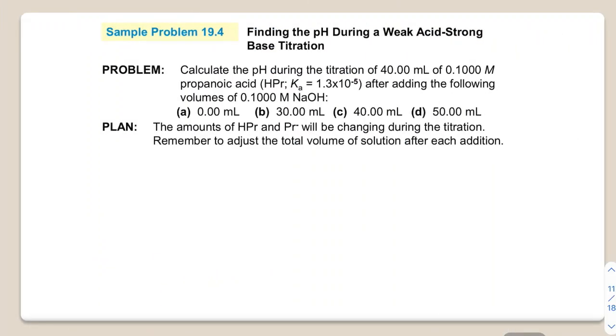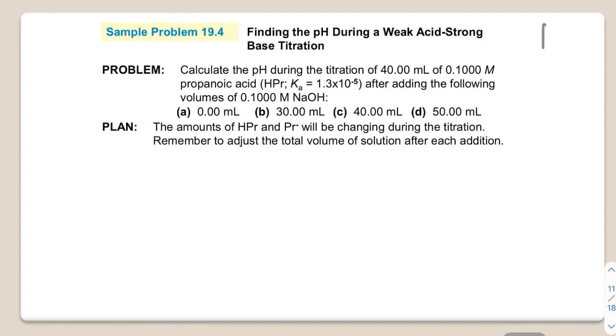So let's calculate the pH of the solution during the titration between a weak acid and strong base. We have propanoic acid that is reacted with sodium hydroxide. So we have to identify what is the titrant and what is the titer. Let's imagine the process.